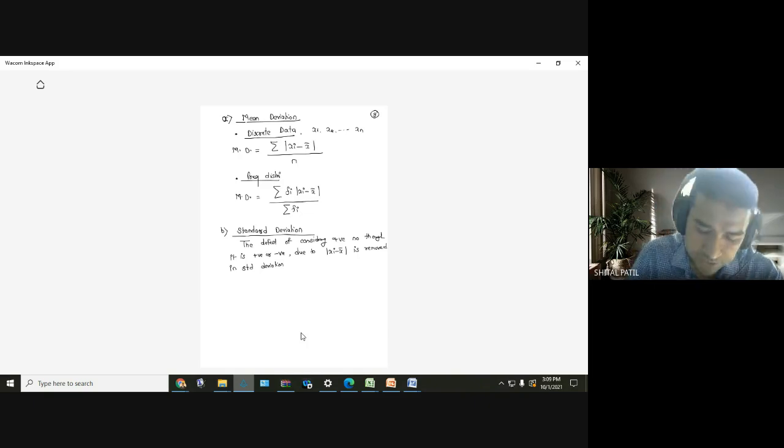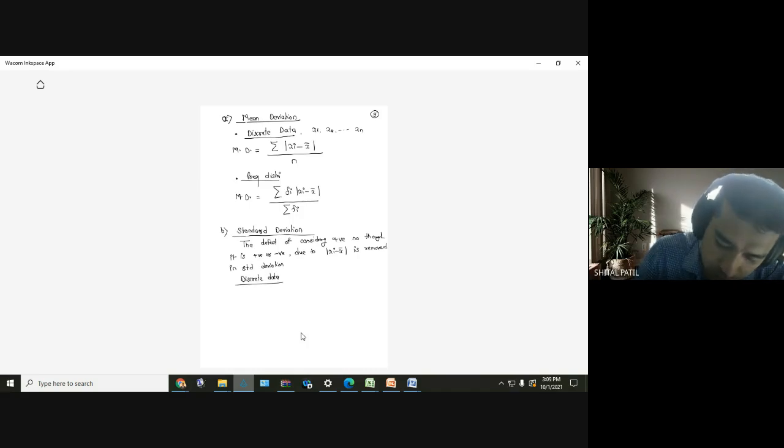Okay, so see, now understand. Discrete data. Remember how to remember the formula. So what I'll do now, xi minus x bar, right? I'll square it, right? Divided by n. I'm not squaring n, I'm keeping it as it is. But since we have squared, what we have to do? We have to find the square root. That's it.